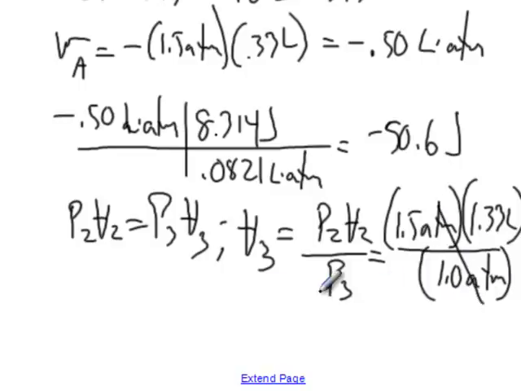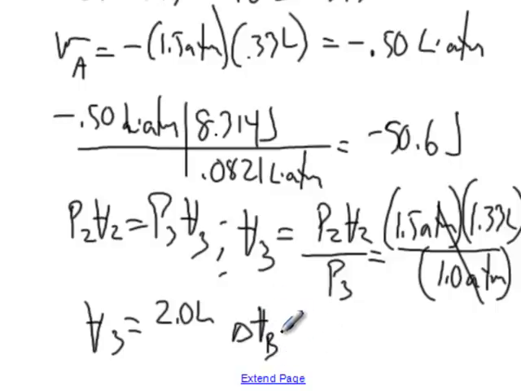Again, atmospheres are going to drop out, and I'll calculate V3. Well, V3 ends up being 2 liters, as you'd expect, because that was the final condition that was met in the first problem. So it's 2 liters. So what's delta V? Well, delta V for step B is going to be the ending volume of 2 liters minus the starting volume for that step of 1.33 liters. And that ends up being 0.67 liters.